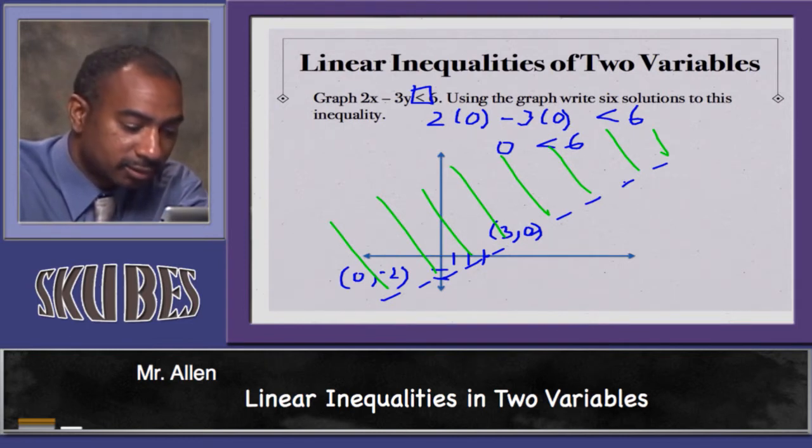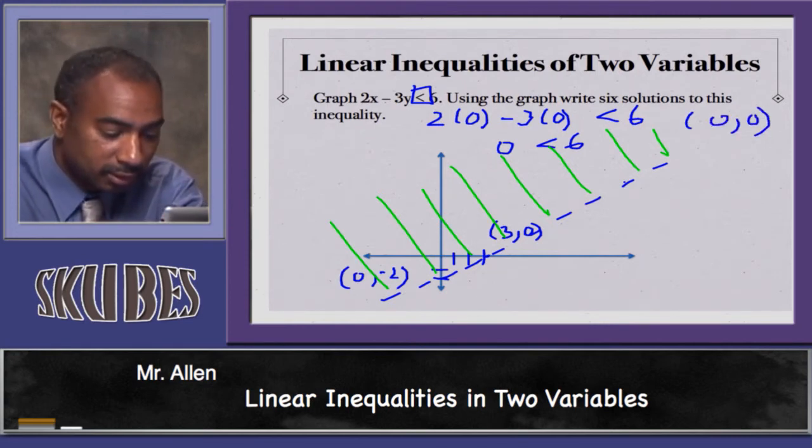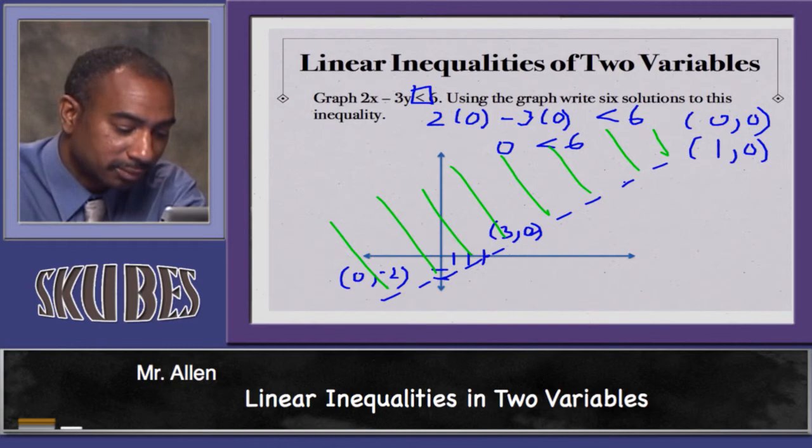So if you're asked to write 6 solutions, we know that 0, 0 is one of them. I could say 1, 0. Just anything in the shaded region. I could say 1, 2.